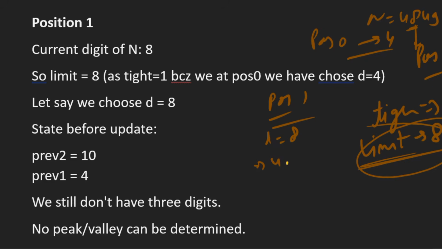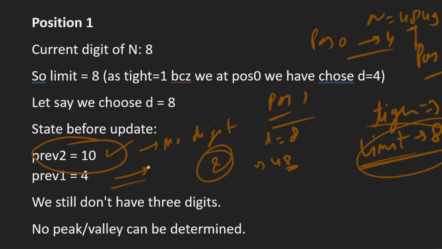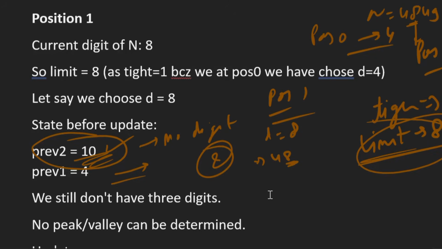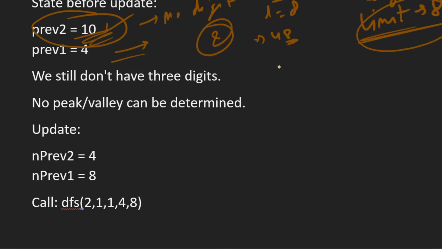So now our number becomes 4 and 8, right? And before this choosing, our previous two was 10. That means no digit was selected, and previous one was 4, right? So even after choosing 8 we still have only two digits because previous two was 10, so we cannot determine any valley or peak over here.